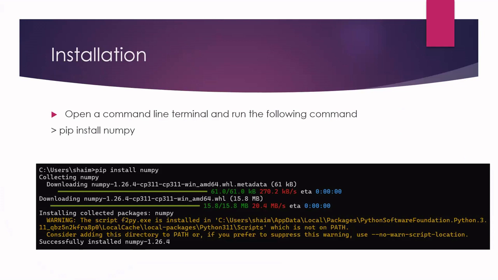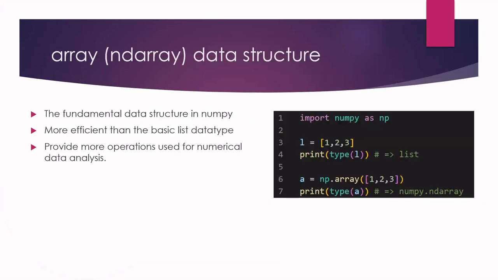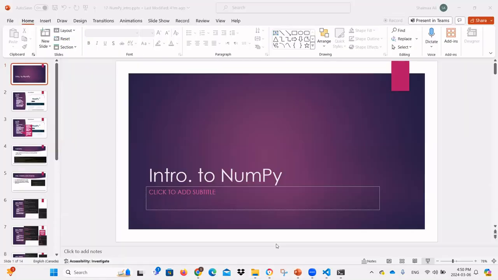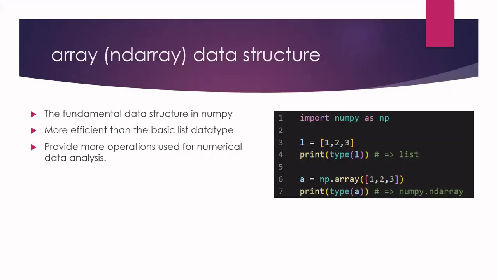All right, so this is how you install it. And once you install it, you can import it. Now we know how to import, right? It is very common that you use an alias for the library, a short name, if you remember when we talked about modules.